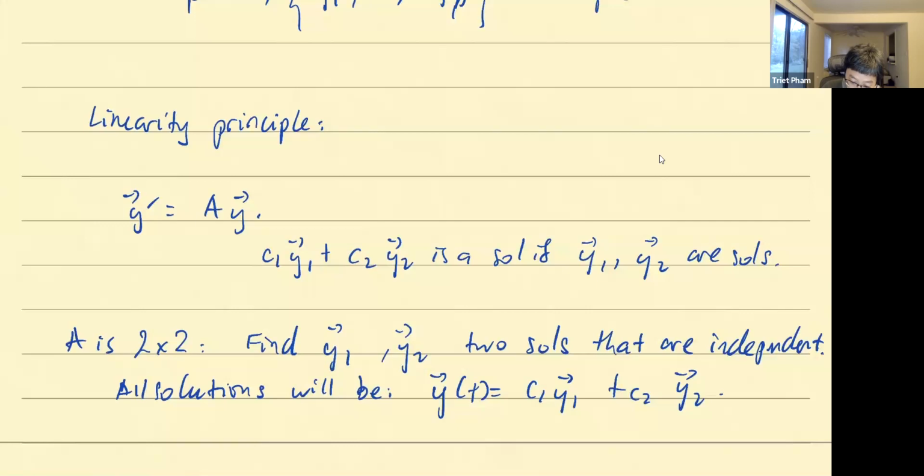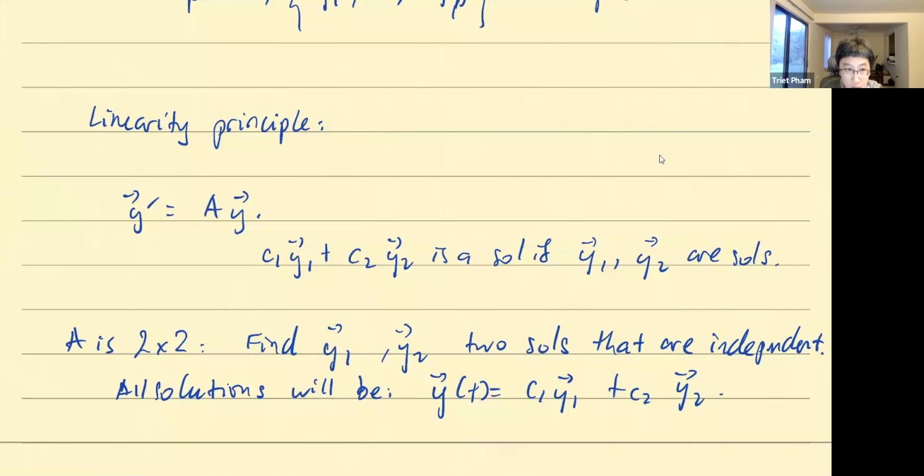Basically, if it's an n by n system, you find n independent solutions, and then you do a linear combination, then that will cover all possible solutions that you need to find for the system. No more. Actually, maybe the interesting question is why no less. Why no less? Like why can you not get away with one solution only, for example?